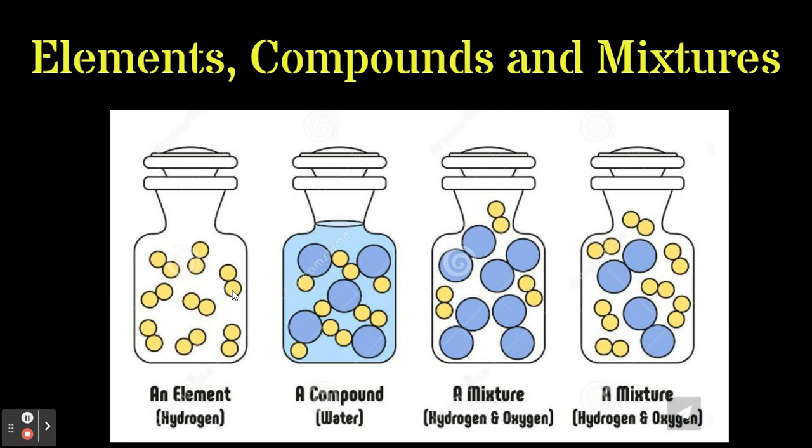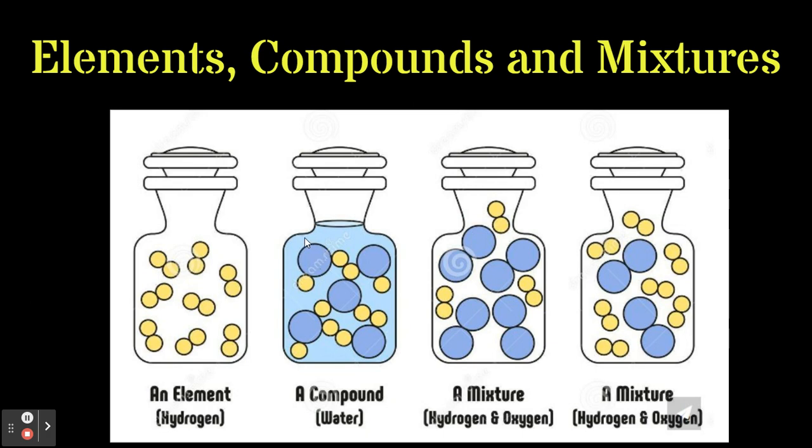That's important. And then a compound is when two different kinds of elements come together and a chemical reaction has occurred. So they're now bonded. They're chemically bonded, which means we cannot undo this change because a new substance has occurred.